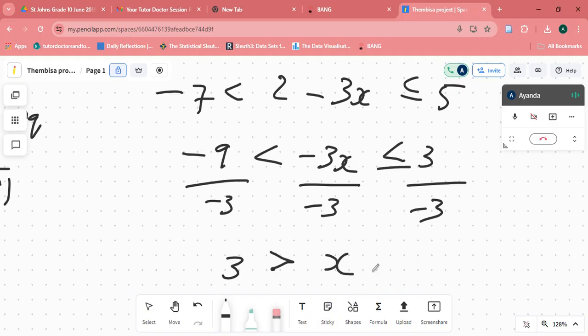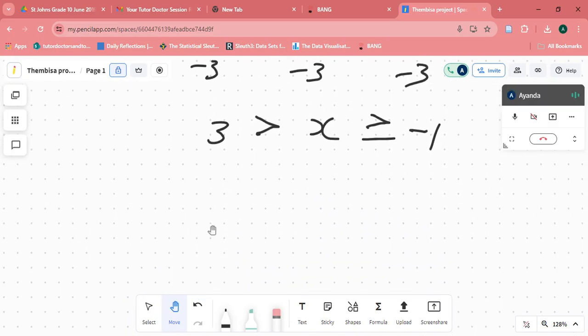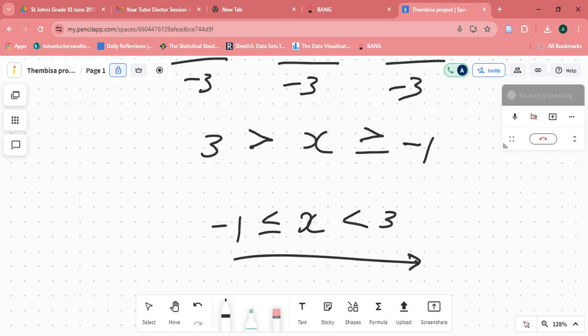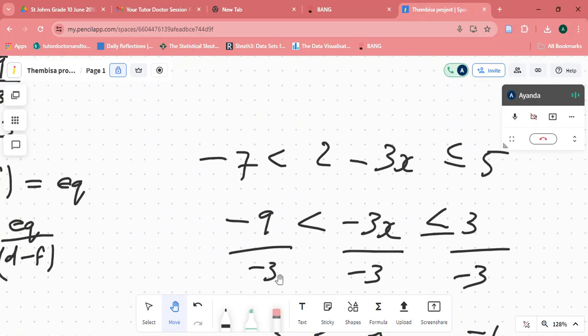We'll be left with x, and we will be left with negative 1 on the side. Let's rewrite this nicely. So x must be greater than or equal to negative 1, or less than 3. And we have solved for x in this inequality.